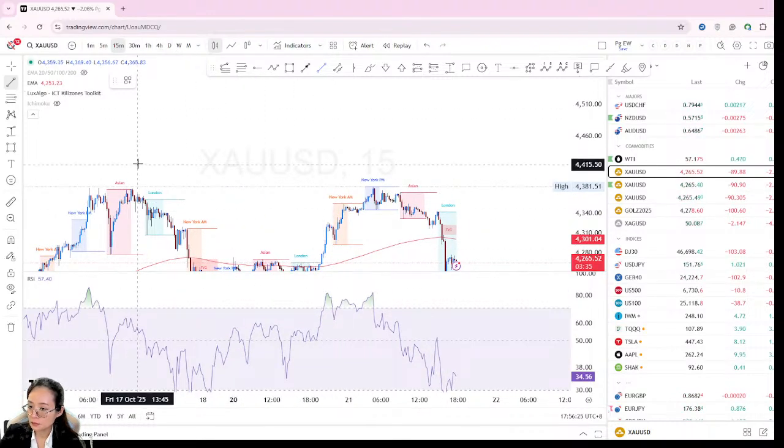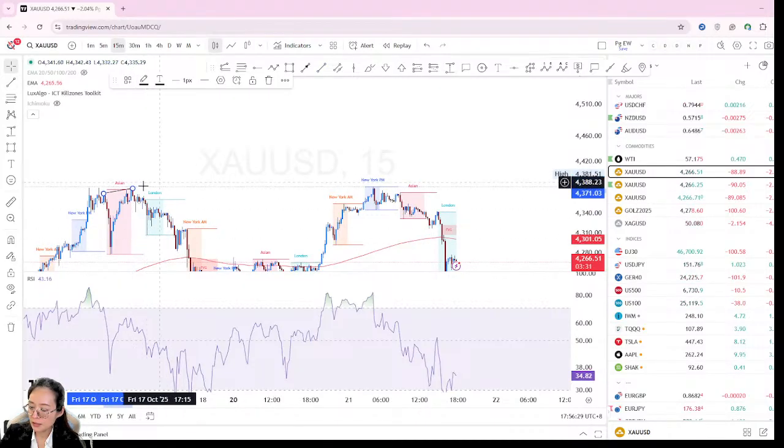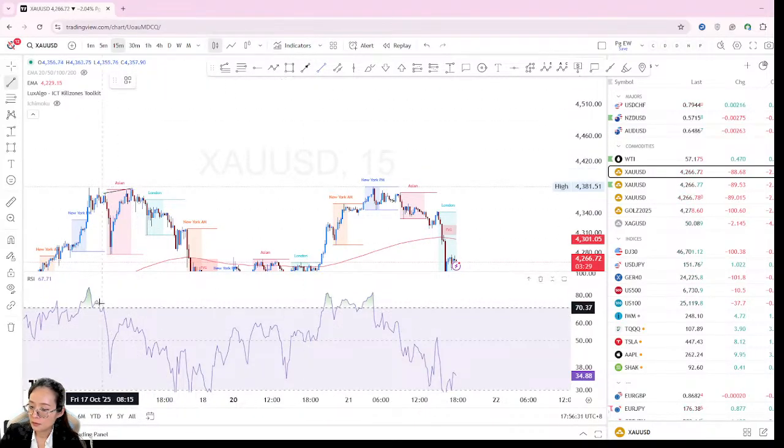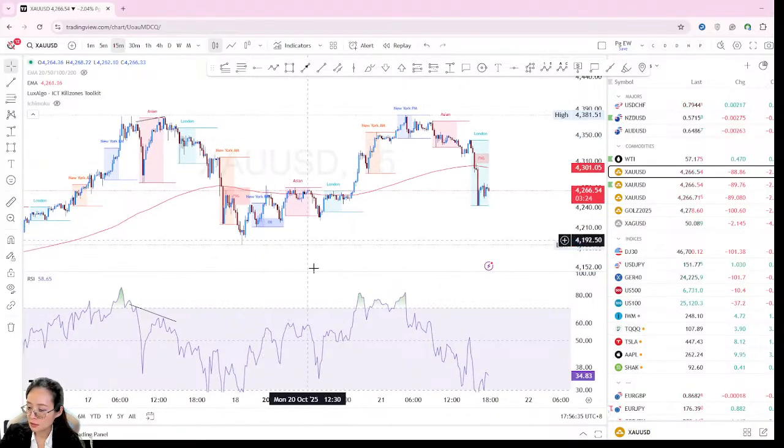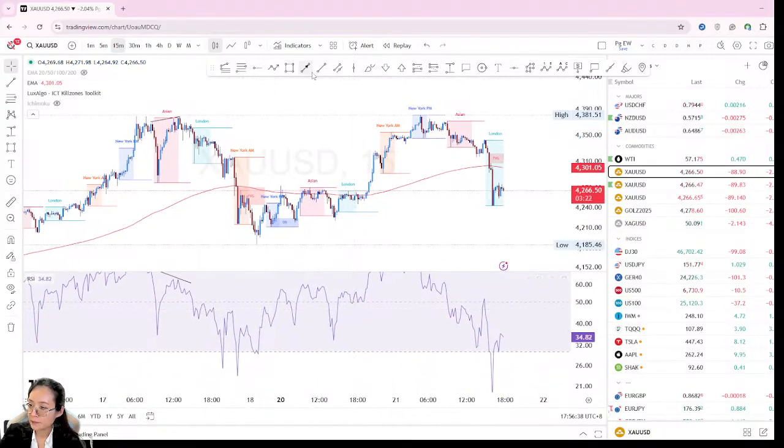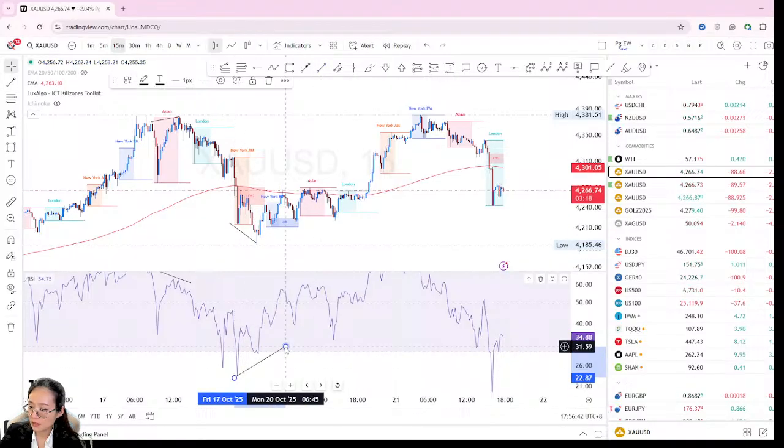And from here, price makes a higher high, the indicator makes a lower high. Okay, bearish divergence. Bullish divergence, okay, correct: price makes a lower low, the indicator makes a higher low. This is a bullish divergence. Okay, this is a bearish divergence.